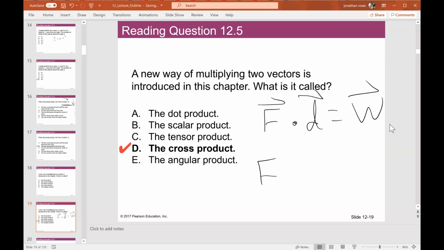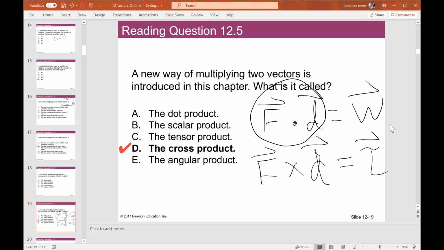But the cross product, F vector cross the D or R vector, that's equal to torque, tau vector. The dot product turns into the force magnitude times the D magnitude times the cosine of the angle between them. Whereas the cross product turns into the same thing, except it's not cosine, but sine.